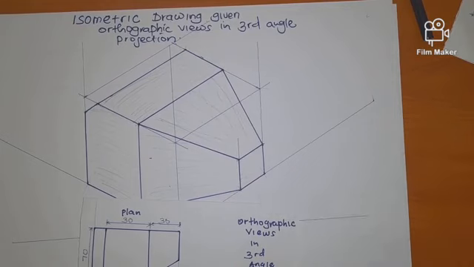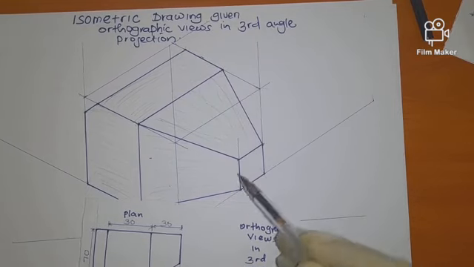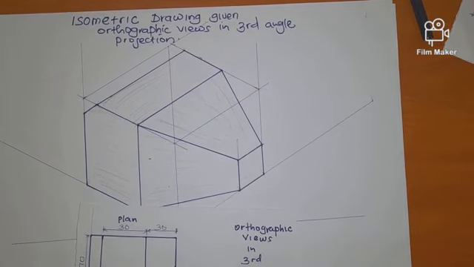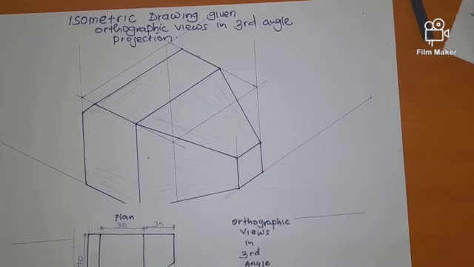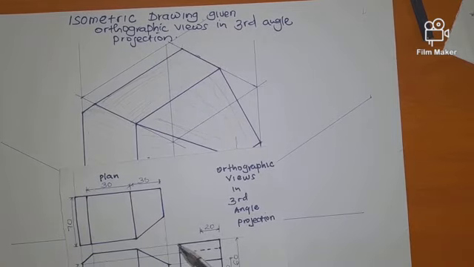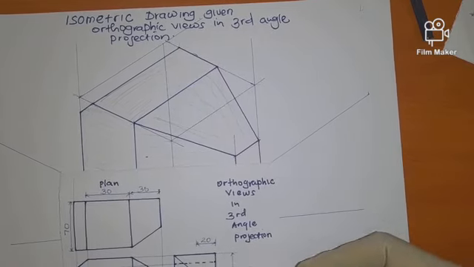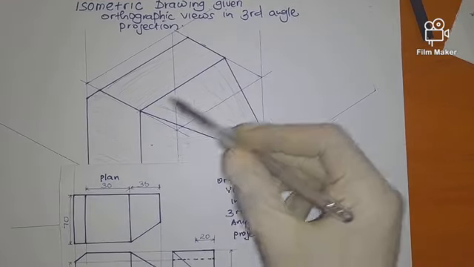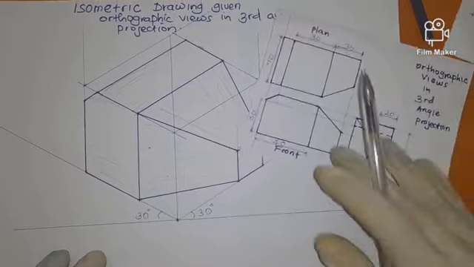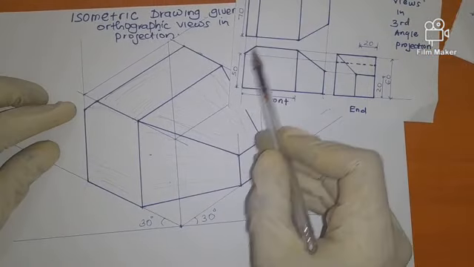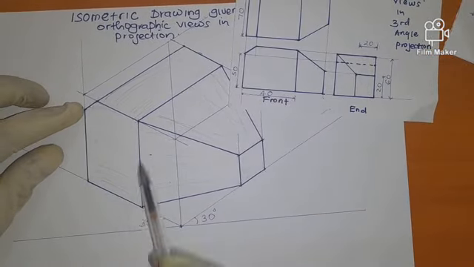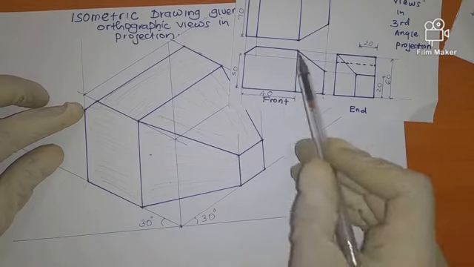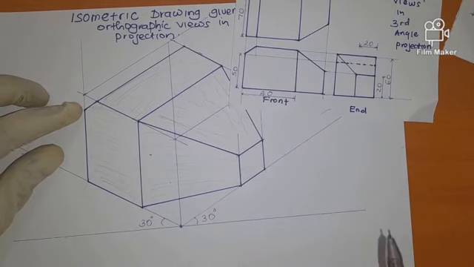So it is a straight line, and then this part is appearing, and this part is also visible. This line here is this one here, and this line here is this one here, okay? And then from here up to here is this one here. Once you are through that, the front elevation includes this part here, which is this, and then this part here, which is this one here, okay?